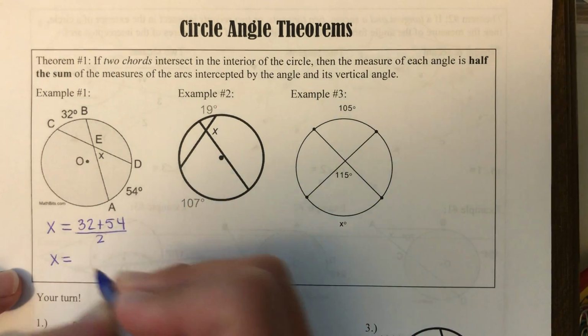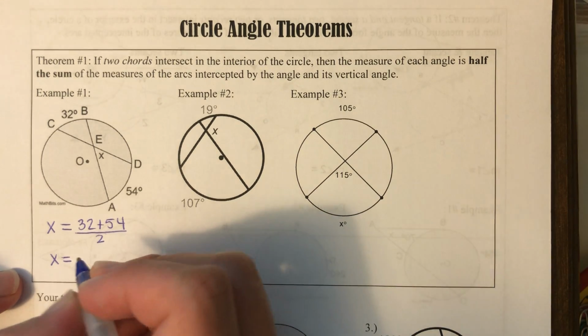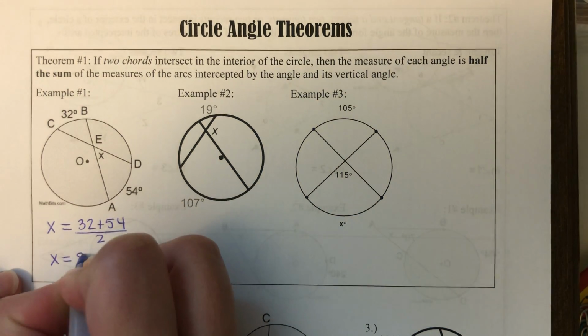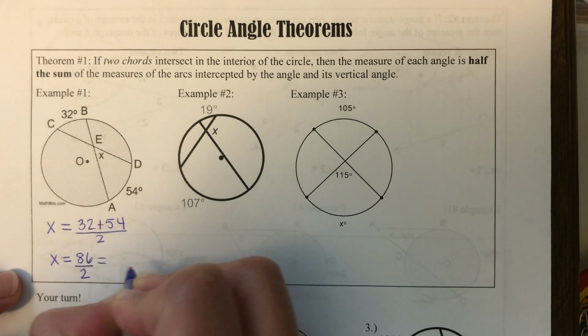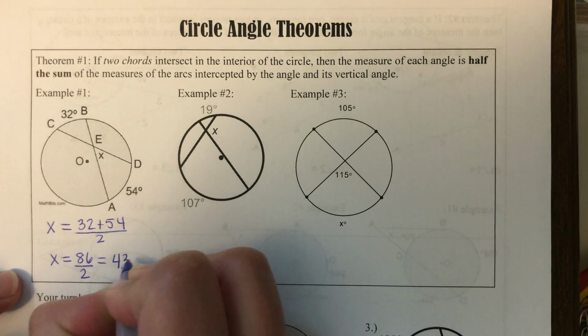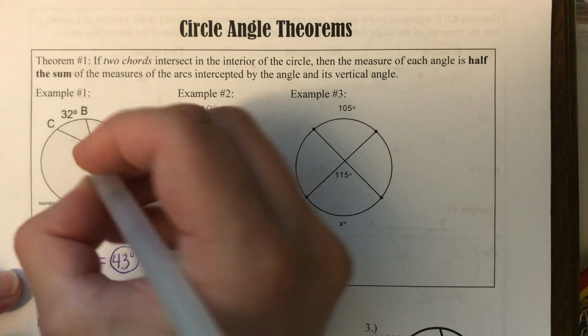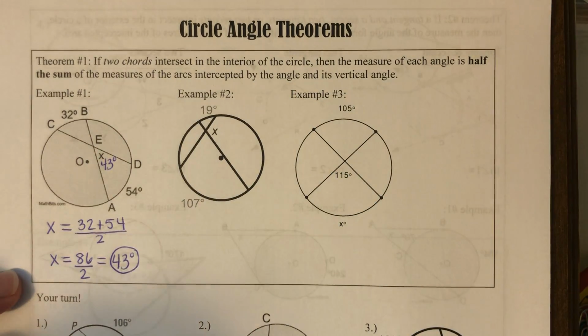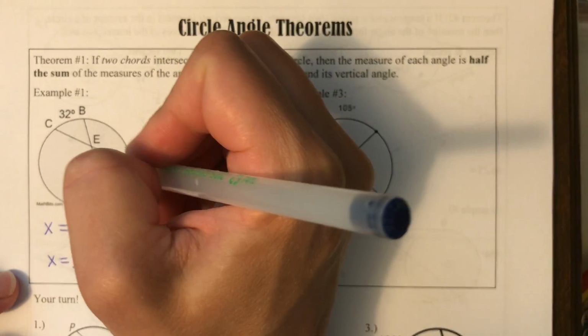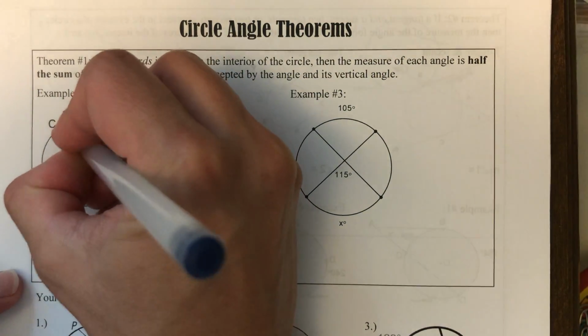So simplifying, 32 plus 54 is 86. That still needs to get divided by 2, which gives us 43 degrees. So that right there is 43. It's all it's asking for, but I'm going to fill in the other angles just so you know. Remember, these are vertical, so up here will also be 43.